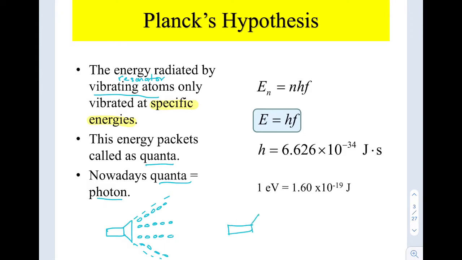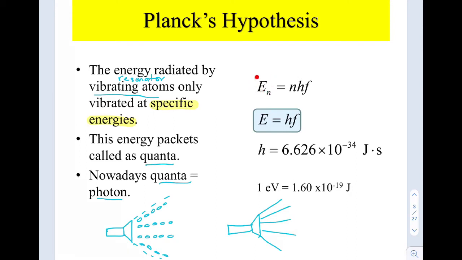In classical physics we treat it as continuous energy like this. Actually, it's not. It's packets, tiny packets called quanta, or also known as photons right now.